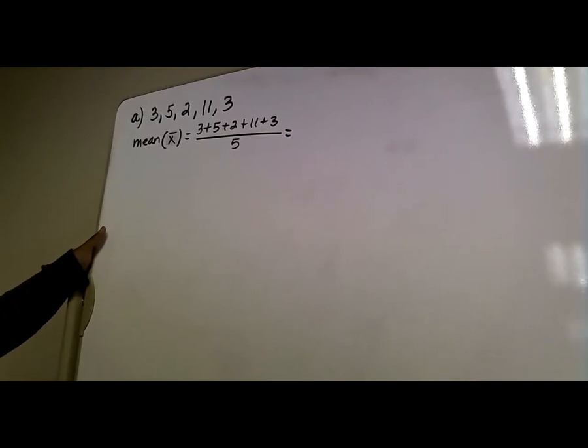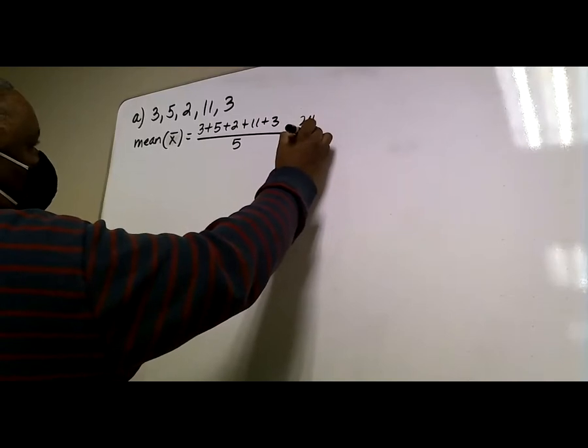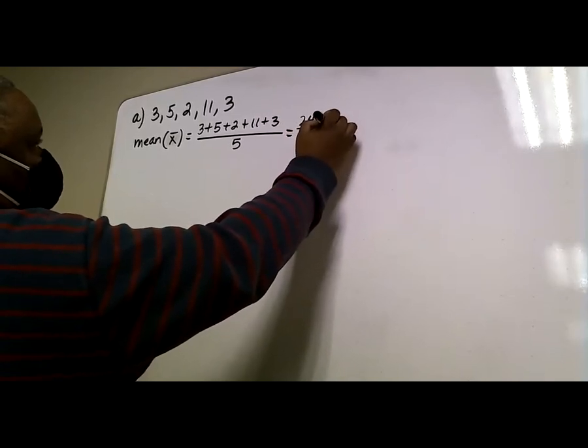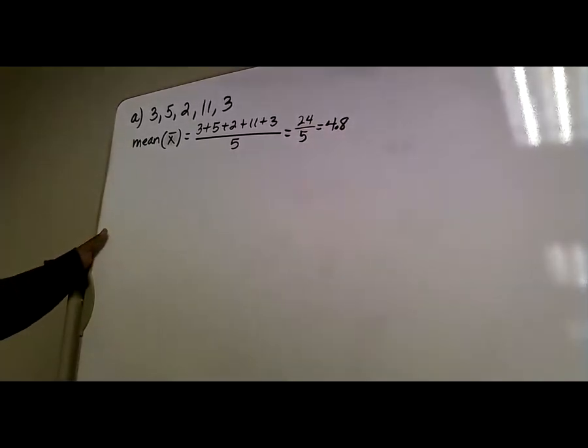What's 3 plus 5 plus 2 plus 11 plus 3? 24. And 24 divided by 5 is how much? 4.8. So the mean of this data set is 4.8.